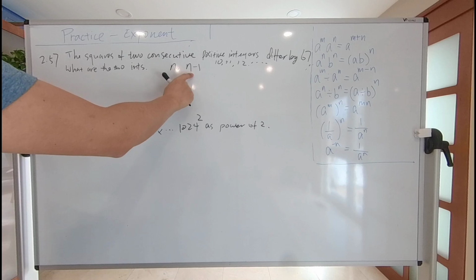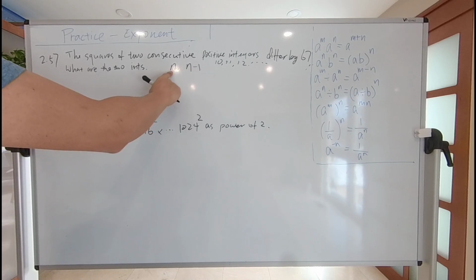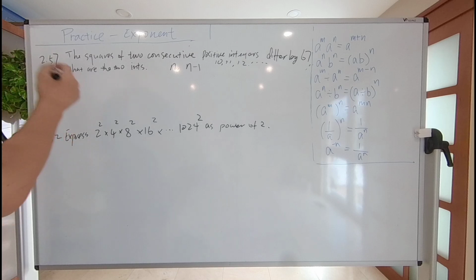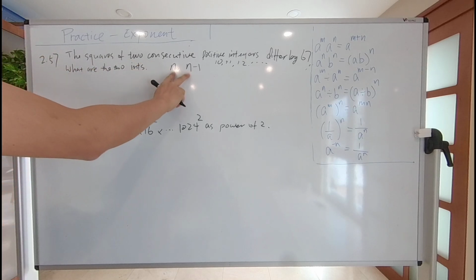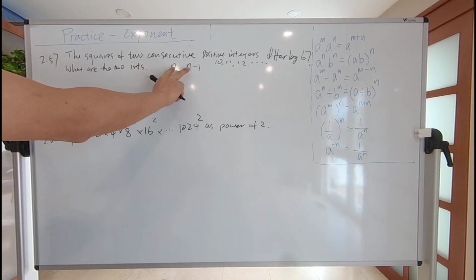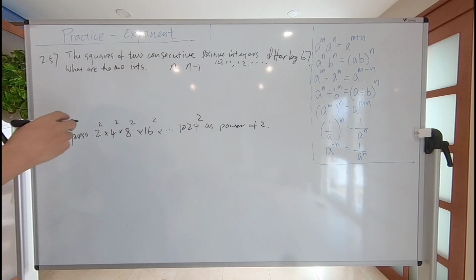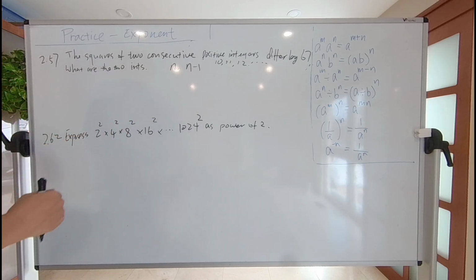So let me define it this way. I have a number n, and I have the previous number, which is n minus 1. And then this means the squares of the two, which I don't know what n is right now, but we're trying to see if we can solve this from an equation.